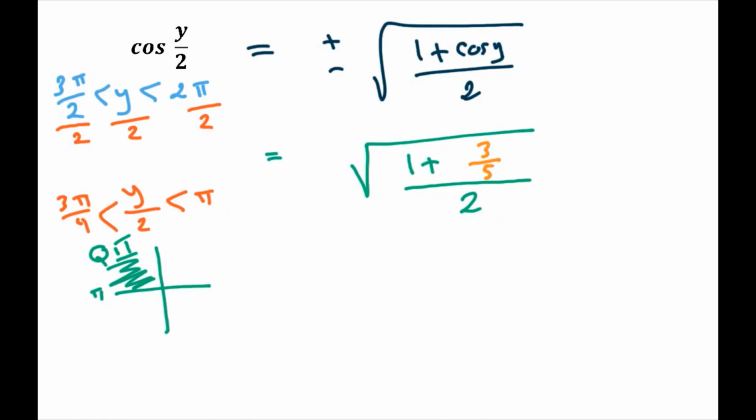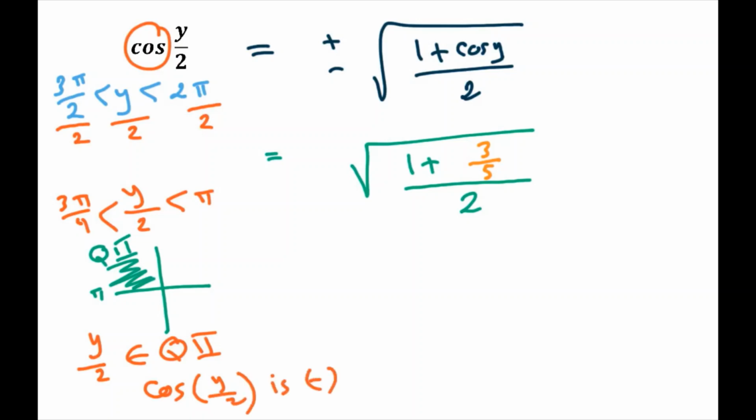So we can say y over 2 belongs to quadrant 2, and cosine y over 2 in quadrant 2 is negative because sine is positive in quadrant 2. So I can put negative here. Now we can continue. Square root. Here you can simplify, you can make a common denominator. So 5 plus 3 is 8 over 5 over 2.